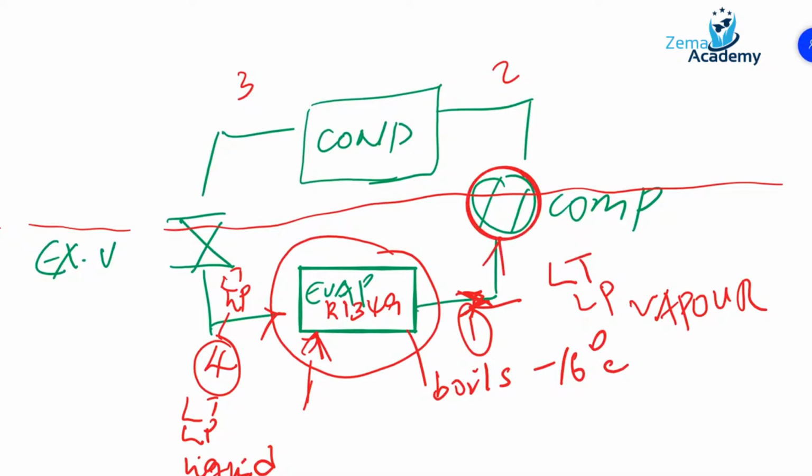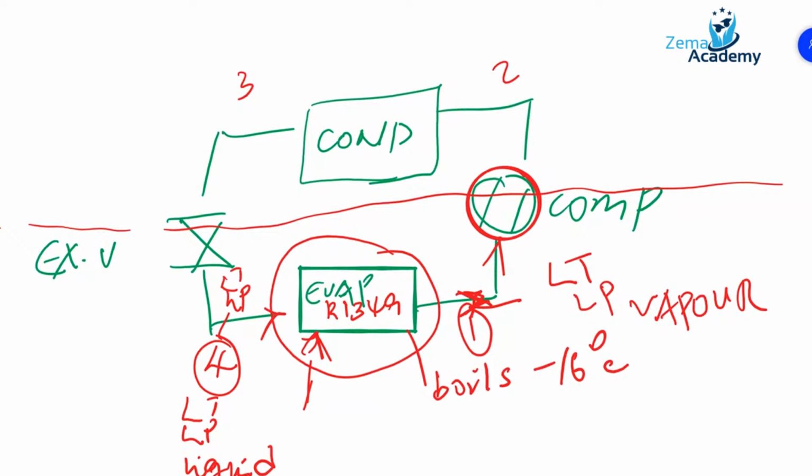The primary function of any compressor: at point 1, we have vapor, but that vapor is at a very low temperature and low pressure.